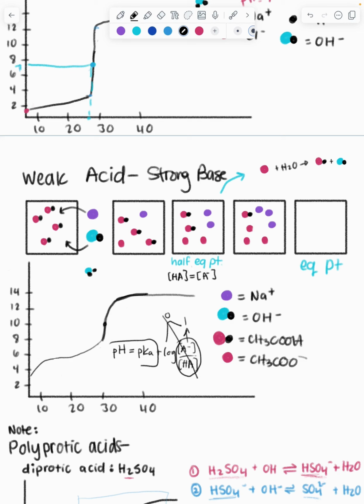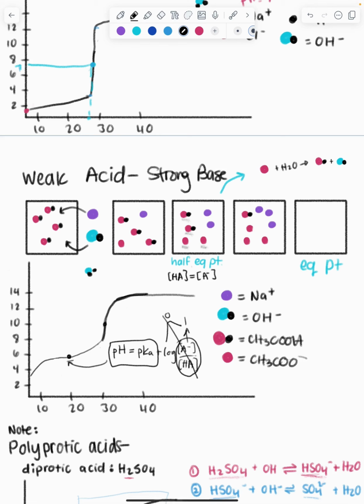And now that tells me that the pH and the pKa are equal to each other. So that's around this point in the titration, the midpoint of this first curve. And at that point, the pKa equals the pH. And you can see that in the diagram above where I have 2 weak acid and 2 conjugate base particles.